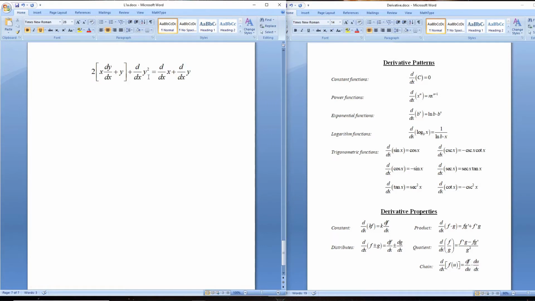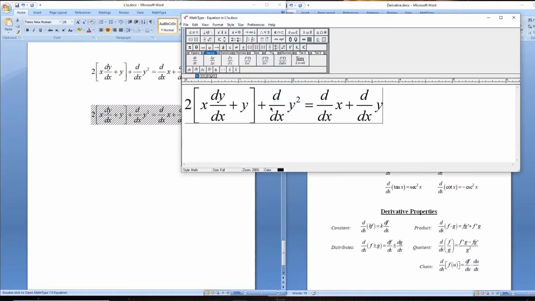So we did the first derivative there in the first term. So let's do the next one. The next one, the derivative of y squared with respect to x. So we take the derivative normally. The straight up derivative of y squared is 2y.